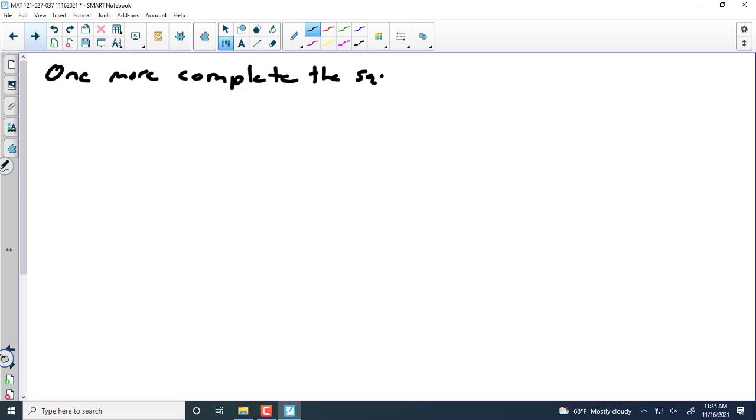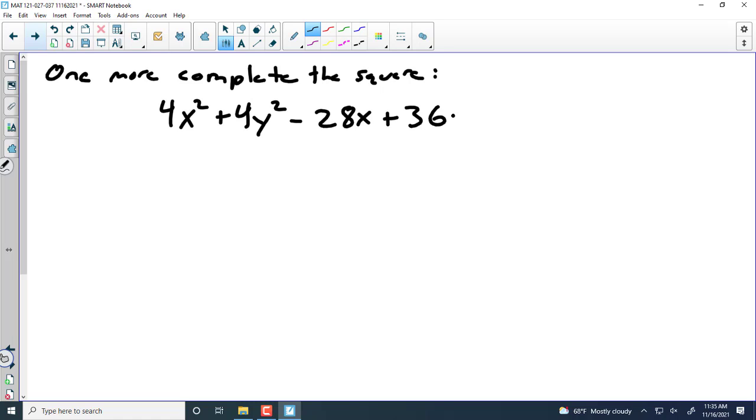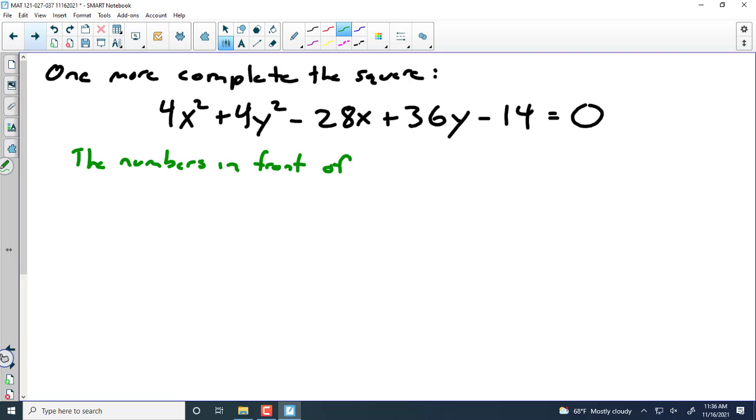Let's do one more complete the square problem. So this is a circle. This is a circle, it just looks really, really bad. The numbers in front of x squared and y squared need to be 1.